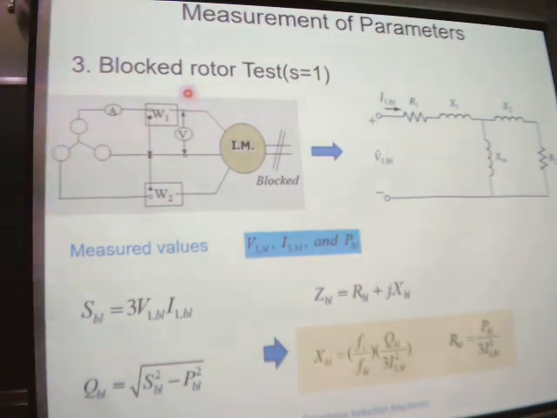This voltage is gradually increased from 0 until we get the rated current inside the stator.